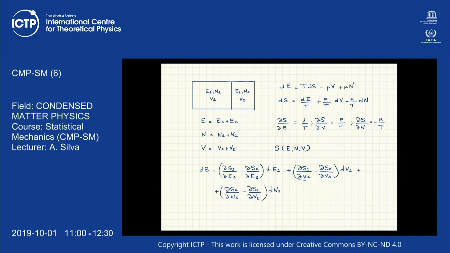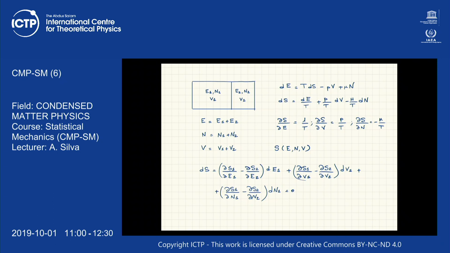So it's not exchanging any heat with the external environment, then the total change in entropy has to be equal to 0, because it cannot exchange anything with the exterior. So this has to be equal to 0. And therefore, since we have E1, V1, and N1 as free variables, that means that each one of these terms here has to be equal to 0.